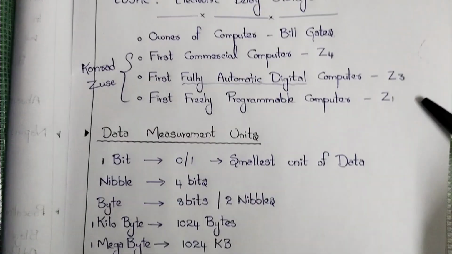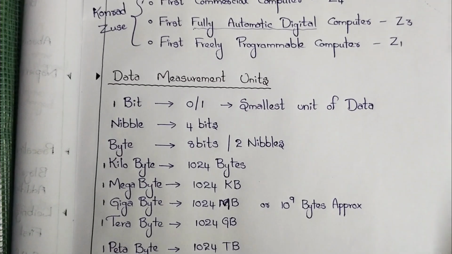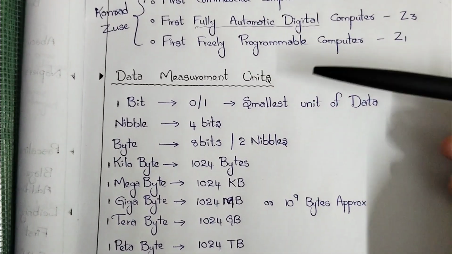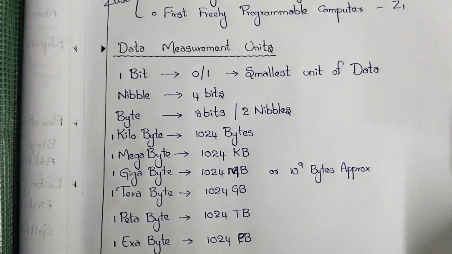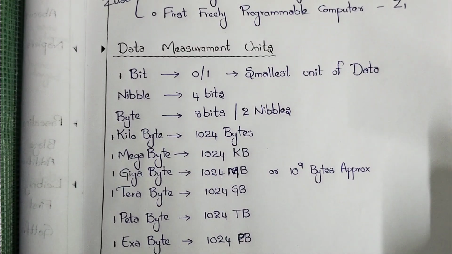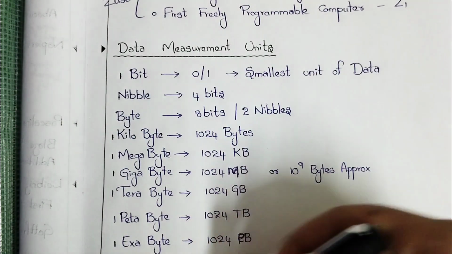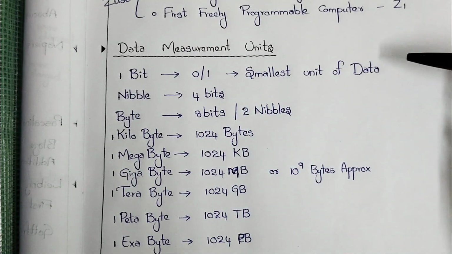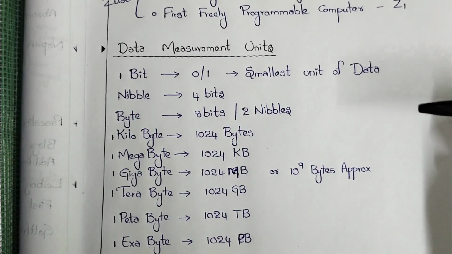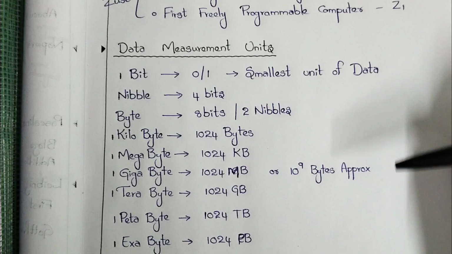Now we are going to learn about the data measurement units. In a computer, it's not like I have these notes and I will tear this paper and store it in the computer, right? I will type it.